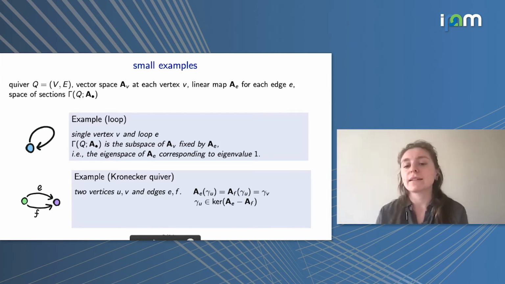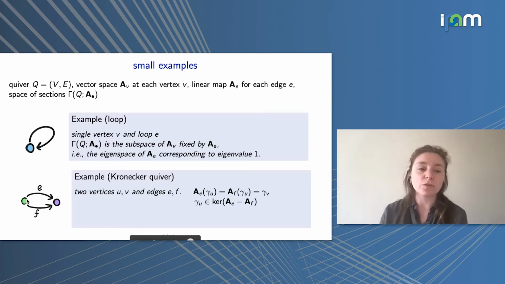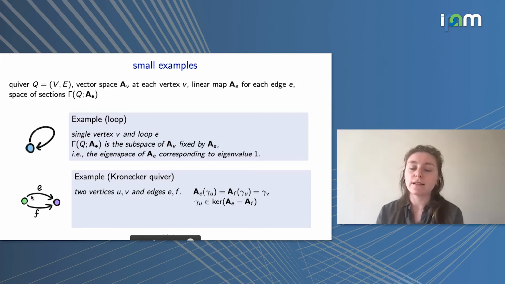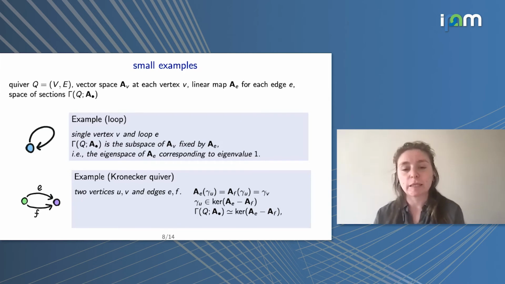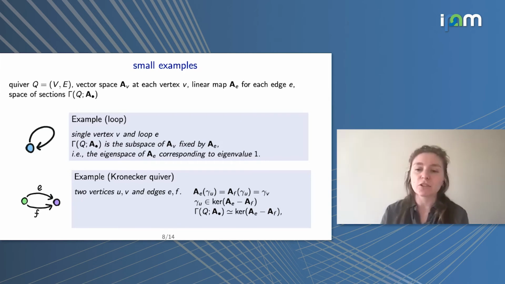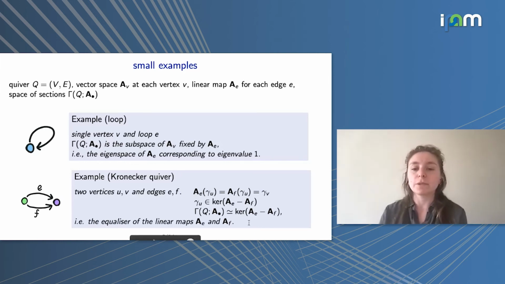Okay, and this means that gamma U, so the section of this first vertex here, has to be in the kernel of the difference between these two linear maps. And this is the only condition that characterizes when something is a section or not. So the space of sections is just isomorphic to the equalizer of these two maps, or the kernel of the difference between the maps.